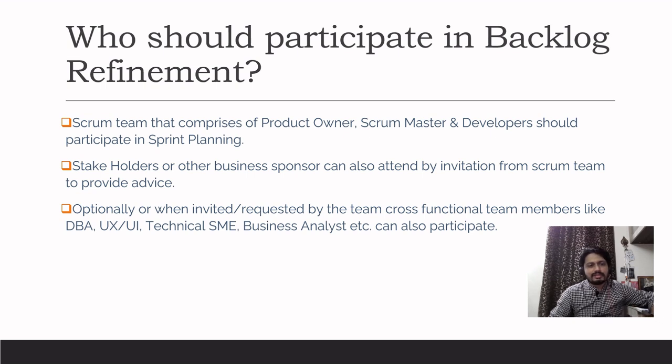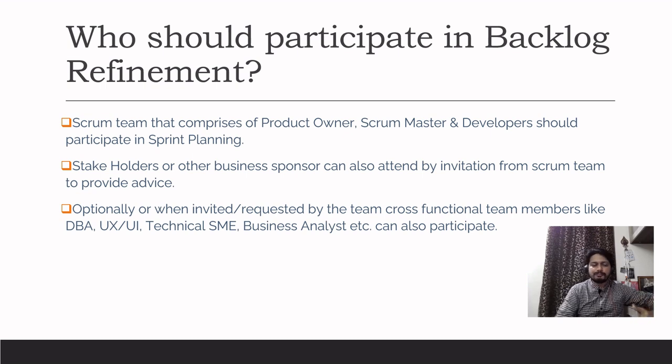Okay. And thirdly, we can also invite some cross-functional team members, maybe architects, or the UX designer, or business analysts, or maybe a center of excellence team who are building new logical or technical solutions that this team will need to implement in their future sprints.